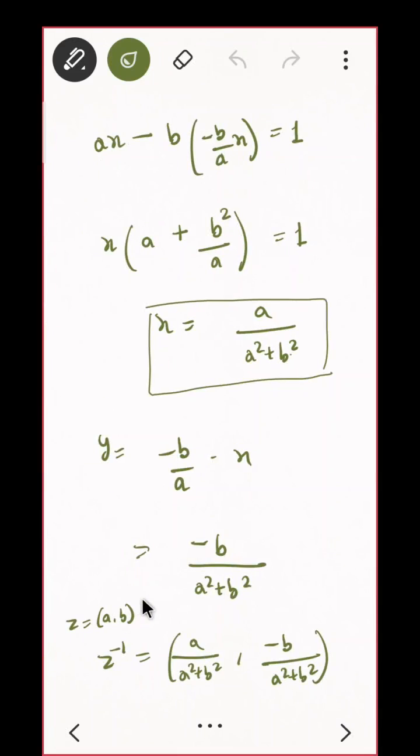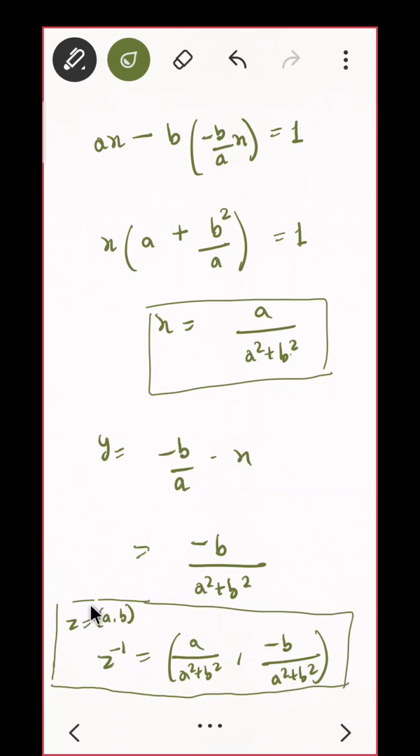So this is your inverse, and whether inverse exists for every complex number, what will be the issue and when will that issue come?